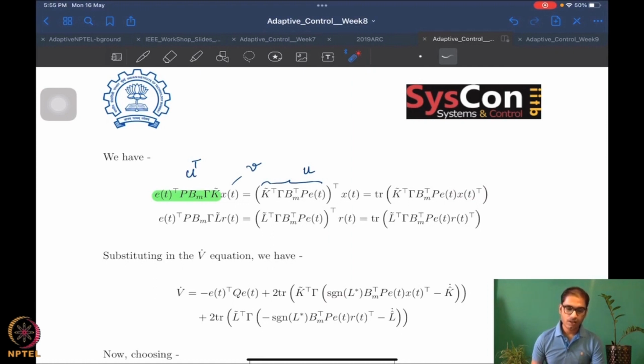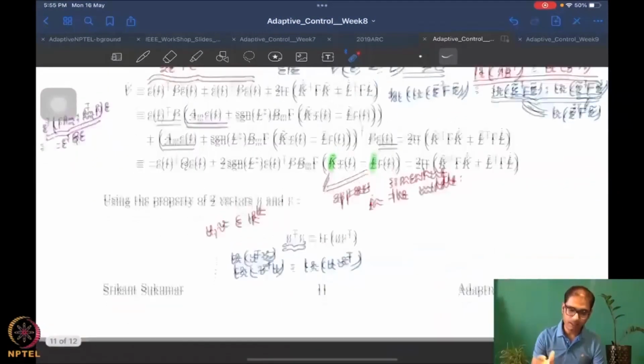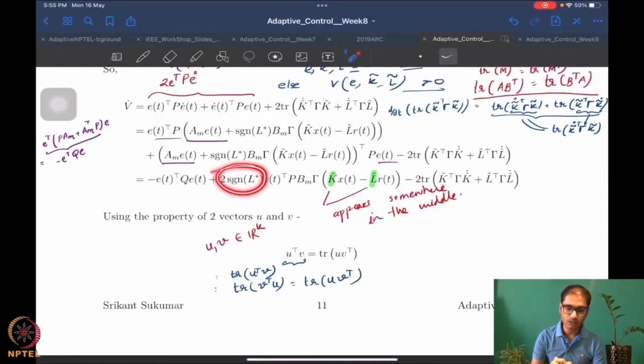We do the same thing on the other term. That is also a similar term. If I ignore this scalar, which can be moved around, I don't need to worry about it.